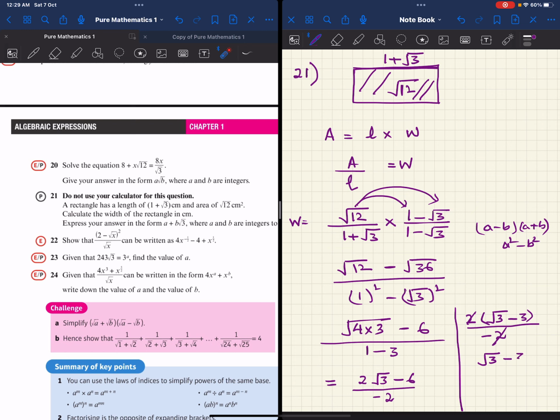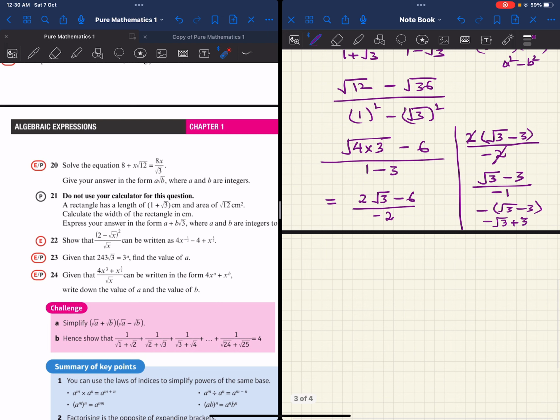And we are left with root 3 minus 3 divided by negative 1, or if you would like to put the negative sign into the numerator, our answer will be minus of root 3 minus 3, which is minus root 3 plus 3, and that is the width. Now express your answer in the form of a plus b root 3.